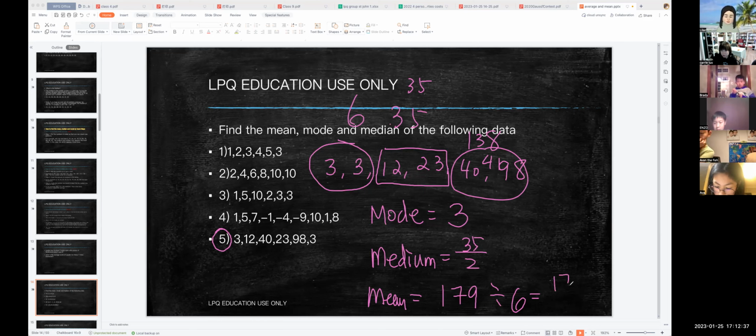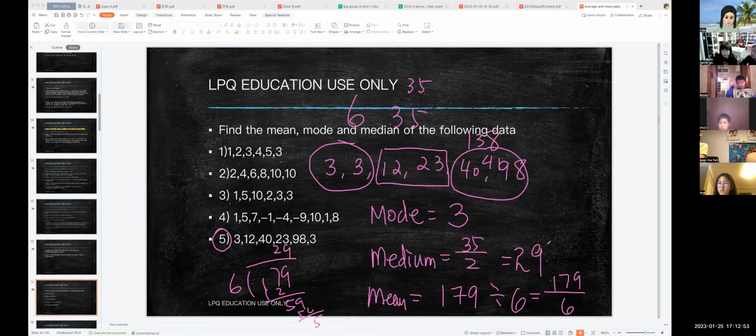So if you want to, you can just put it like that. So 179 divided by 6. Emma, I'm sorry, you got it wrong. So the answer is 29 and 5/6. So that is the answer.